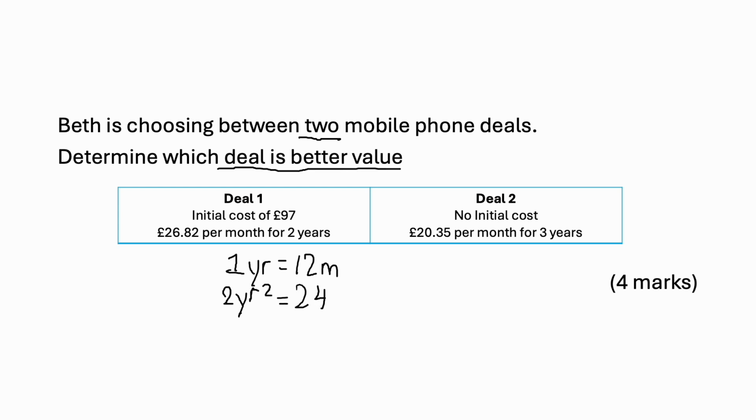So essentially what we're going to do here is £97 add £26.82 times by 24. And using our BIDMAS, we're going to do the multiplication first before we add. So let's do that one first.